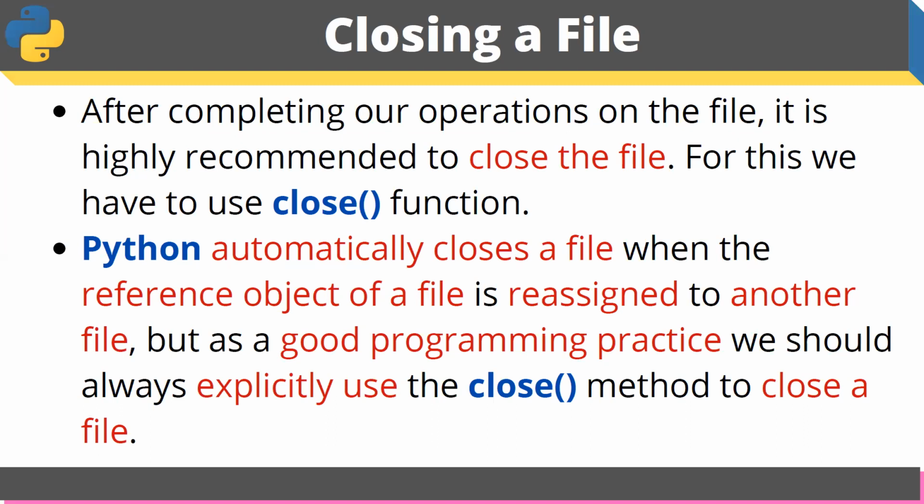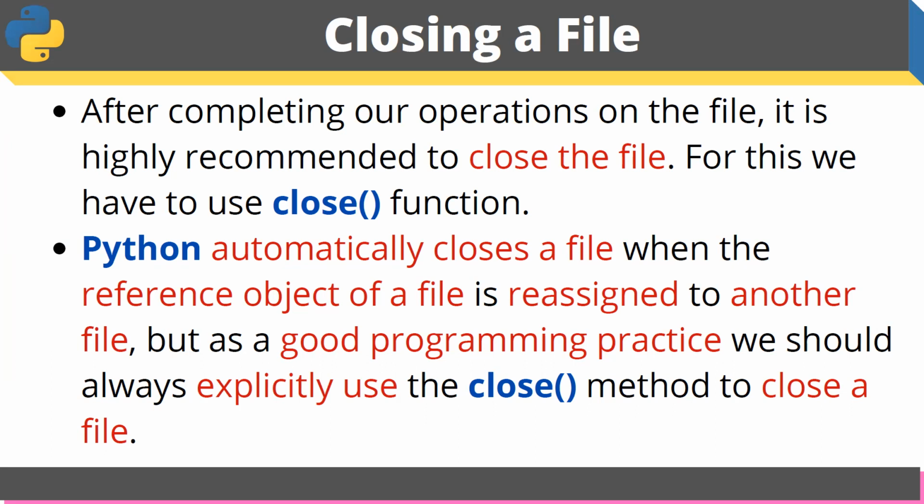Now we can see closing of a file. After completing our operations on the file, it is highly recommended to close the file. For this, we have to use the close function. Python automatically closes a file when the reference object of a file is reassigned to another file.